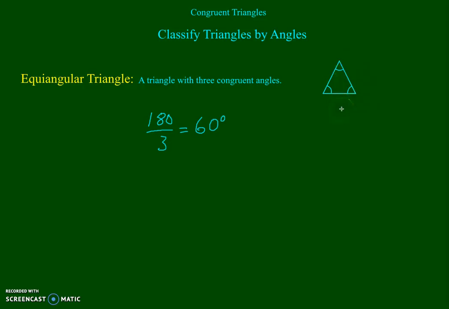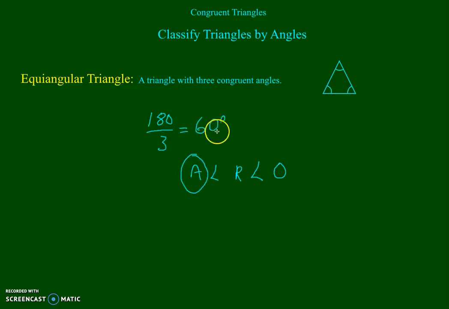An acute can't be right and it can't be obtuse, because that deals with the measures of the angles, one being less than the other. So with acute, that's less than right, which is less than obtuse. But with an equiangular triangle, it is in this region.